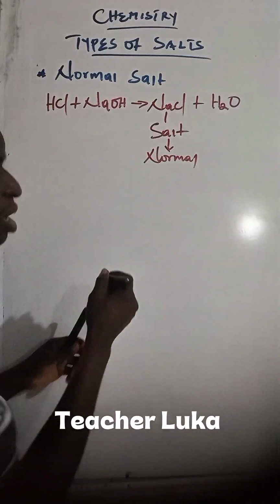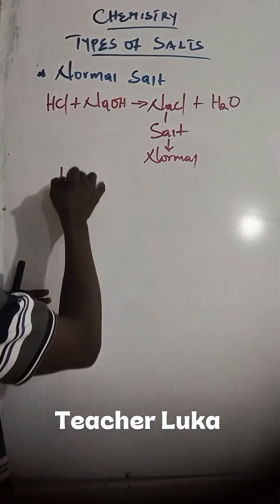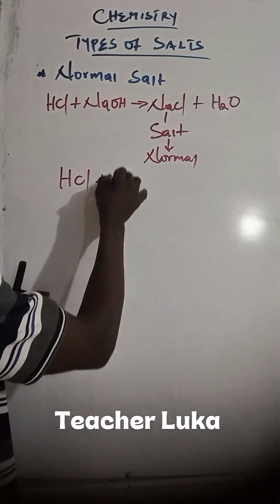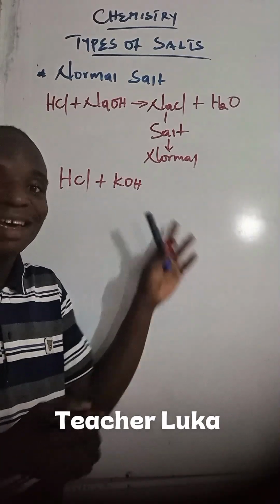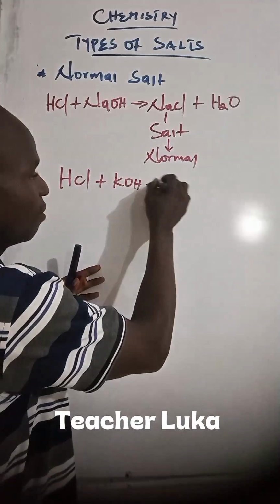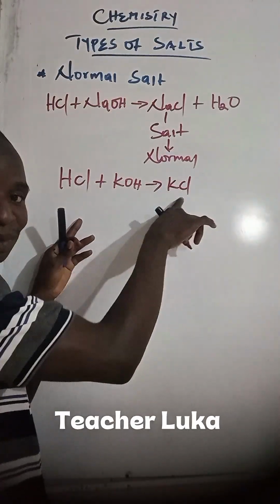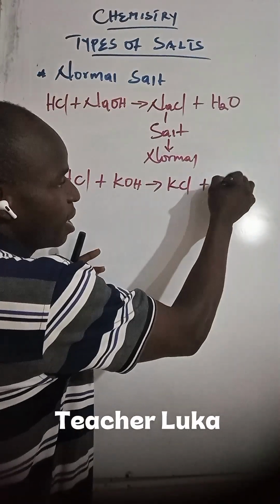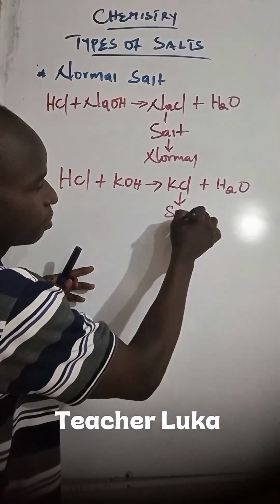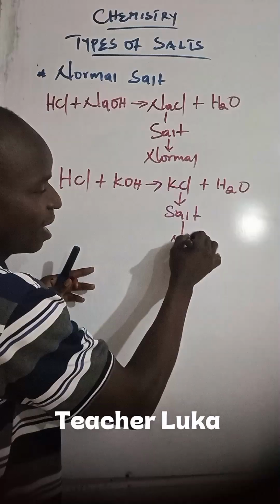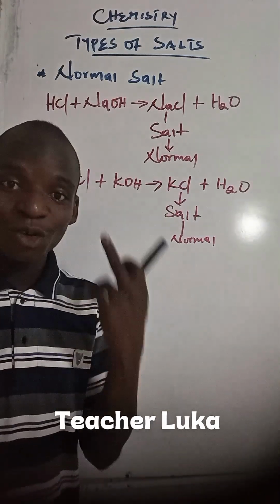Another simple example is HCl reacting with KOH, which is potassium hydroxide. What we have at the end of the day is simply potassium chloride plus H2O. Now, this is a salt and, of course, a normal salt. As simple as that. Are you following?